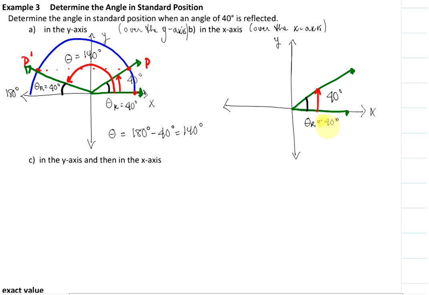Okay, so we're going to use the same method that we did in the first example, where we reflected over the y-axis. So we're going to draw ourselves a semicircle. This time, because we want to reflect over the x-axis, we're going to be reflecting our reference angle into the fourth quadrant. So we're going to draw our semicircle through the first quadrant into the fourth quadrant.